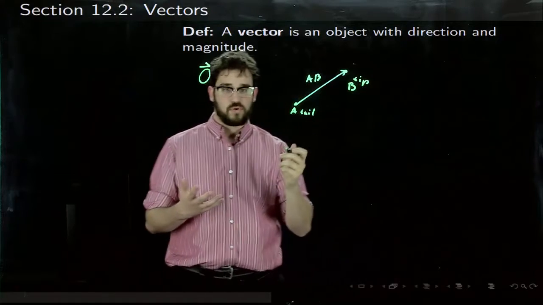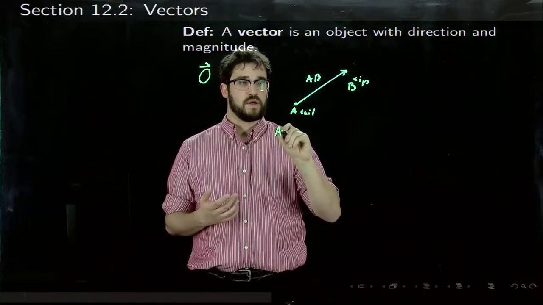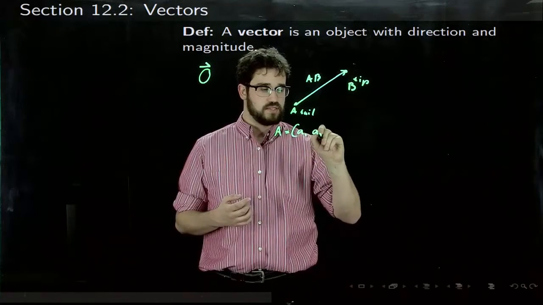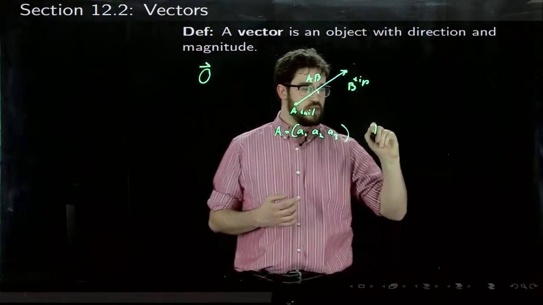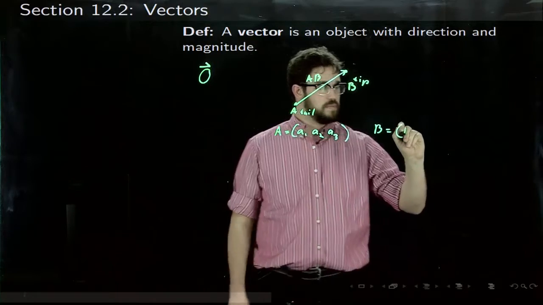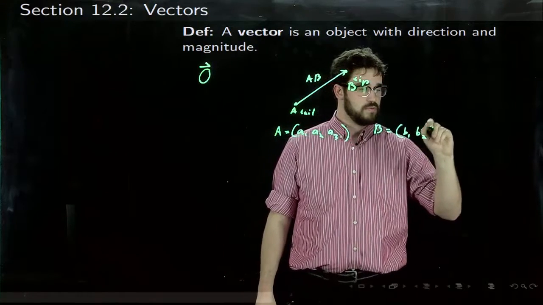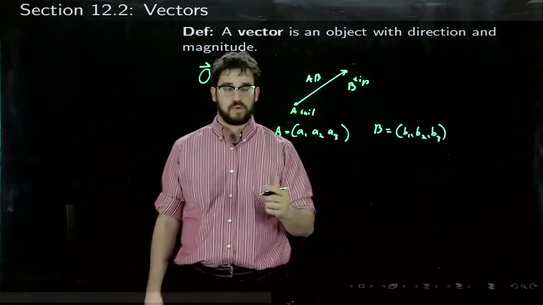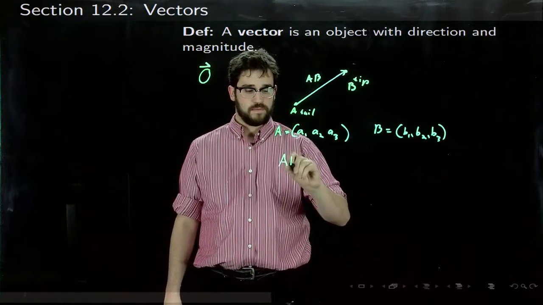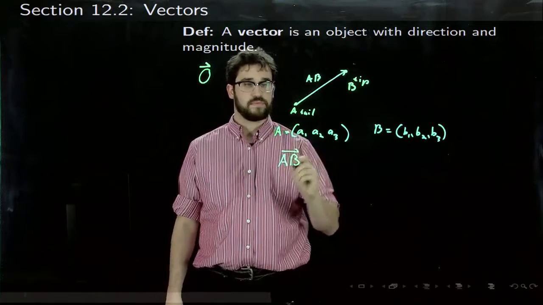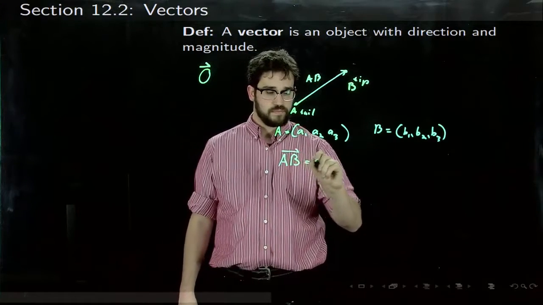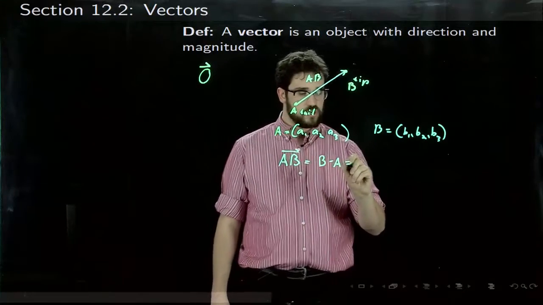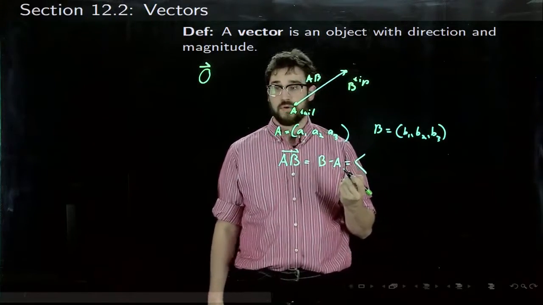If the points have coordinates that we've talked about, like A was A1, A2, A3, and B was B1, B2, B3, then you could express the vector AB as B minus A. And we usually use these sharper brackets to denote a vector.